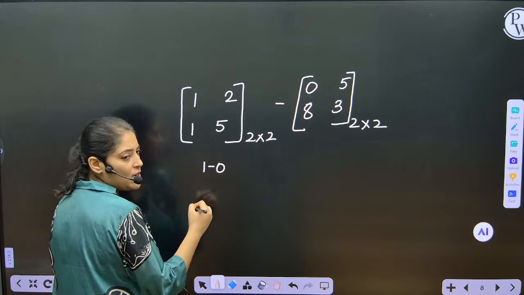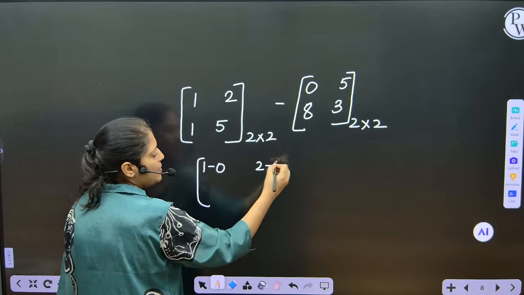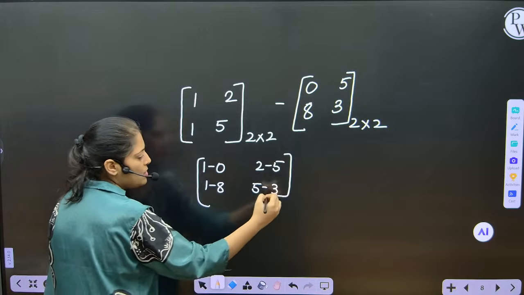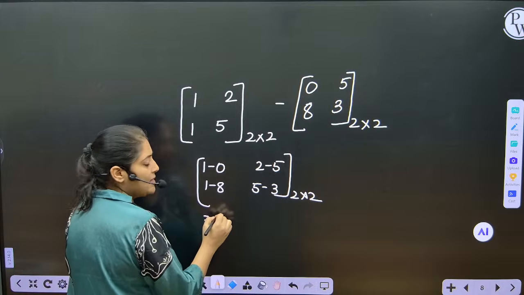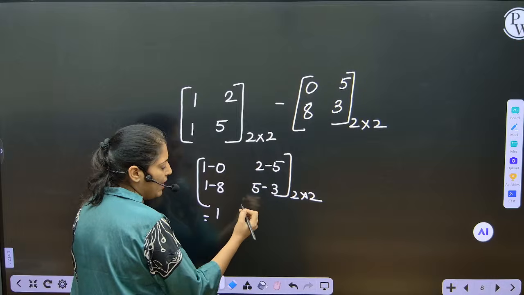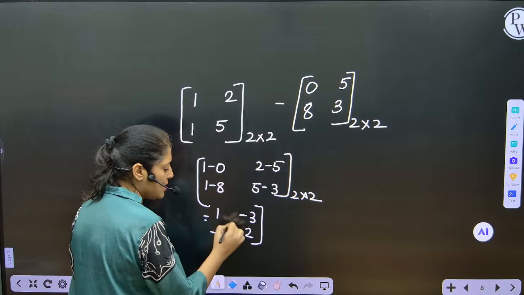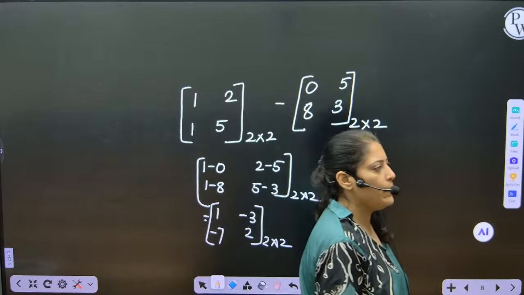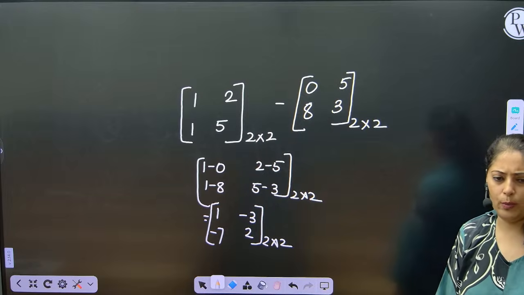Corresponding elements we have to subtract. 1 and 0 are at the same position, 2 and 5 at the same position, 1 and 8, 5 and 3. 1 minus 0 is 1, 2 minus 5 is minus 3, 1 minus 8 is minus 7, 5 minus 3 is 2. So the order is 2 cross 2. The order remains the same. This is the subtraction of two matrices.